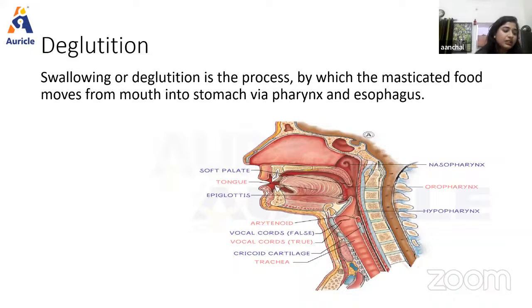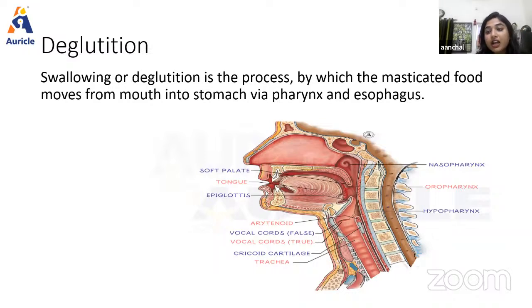What are the significances of mastication? First, we have the breakdown of foodstuffs into smaller particles. Then the mixing of saliva with food substances also occurs in this process.